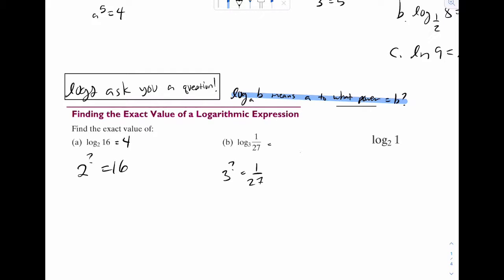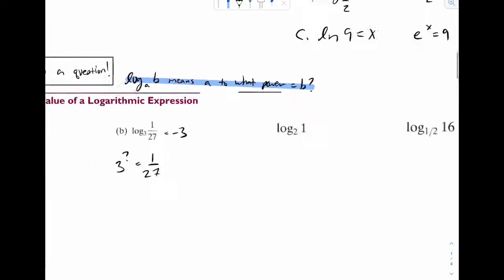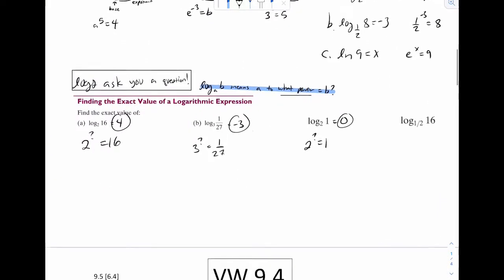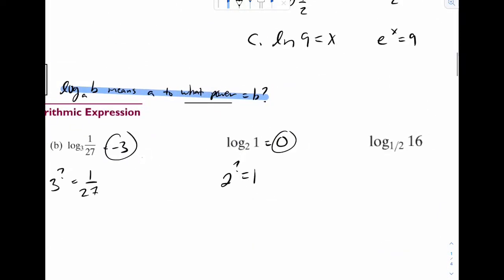Well, that would be negative 3. So if you're really good at this, you could just do this in your head. Because if I look at this, I could think 2 to what power equals 1? That's 0. So notice how all these answers I'm doing, but really just thinking about what a log is. And this one, 1/2 to what power equals 16? That would be negative 4.